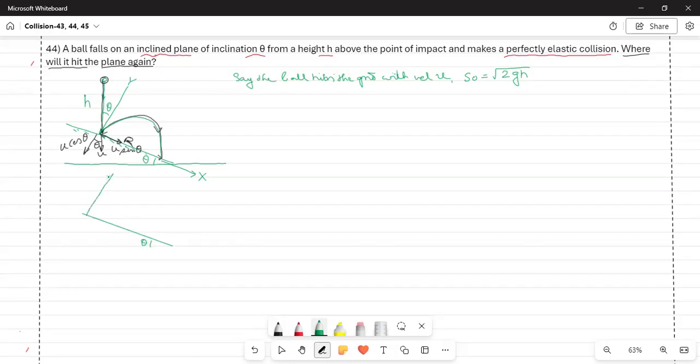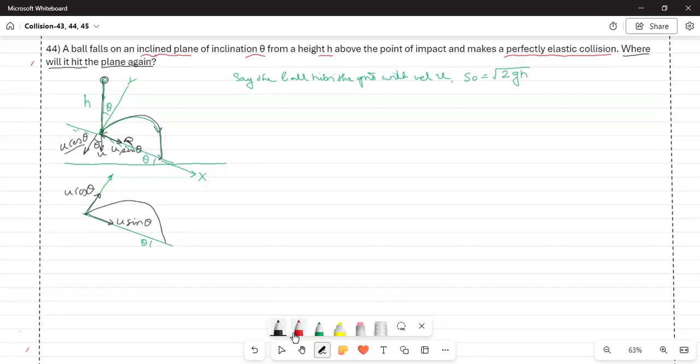For clarity, the rebounding velocity, since it is perfectly elastic, the perpendicular velocity will be the same, u cos theta. This is u cos theta, and this velocity is u sin theta. And the projectile will move like this.